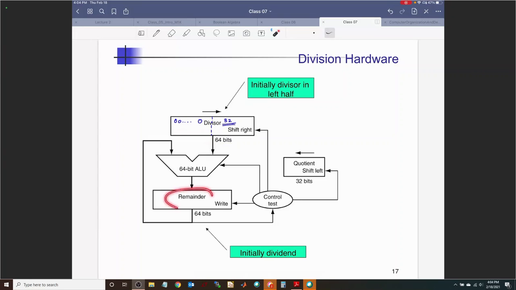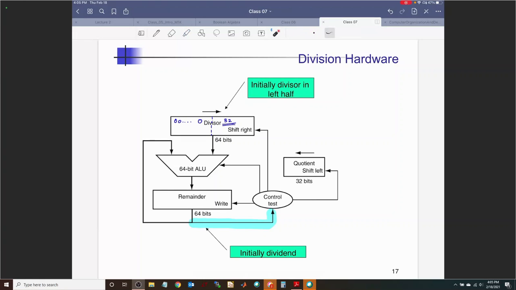The remainder is 64-bit. We need to subtract them using a 64-bit ALU. The answer of that is going to be a 64-bit field that goes back into the remainder. So what are we doing using this control? We are only observing one thing, which is the answer of the subtraction, right?